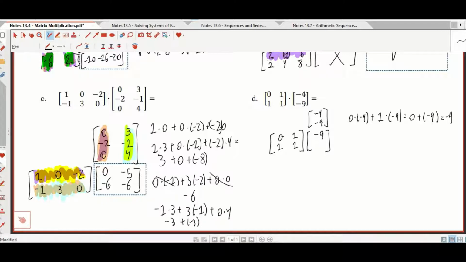Second row, only column, 1 times negative 4 plus 1 times negative 9 is negative 4 plus negative 9, which is negative 13. And so there's our resultant matrix.